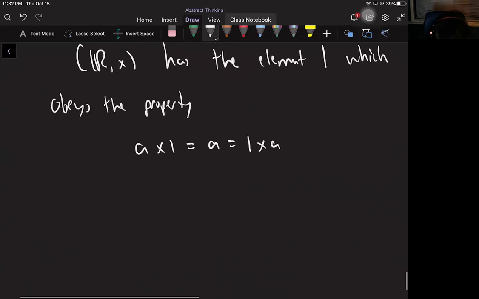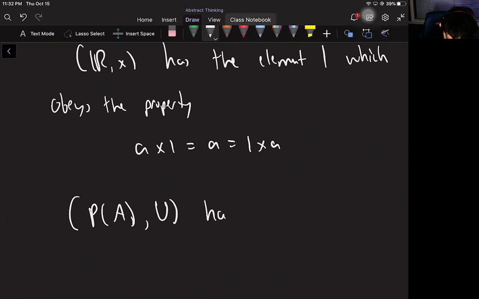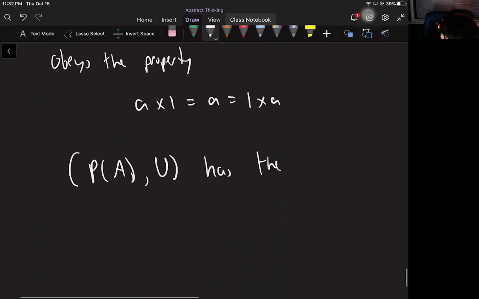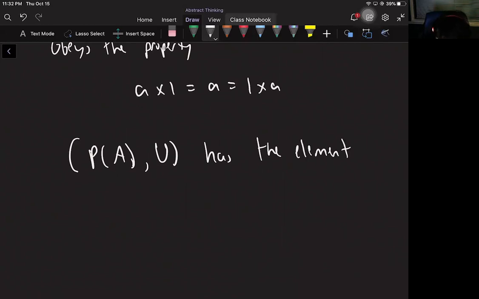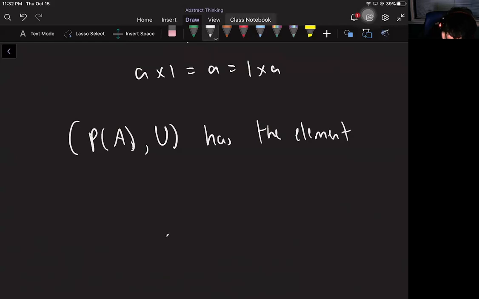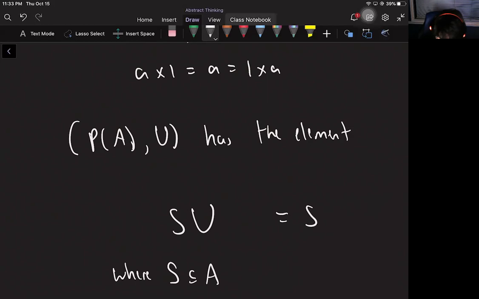And then one more example, not related to numbers, that we looked at earlier. So if I take the power set of a set and I use union, well, what element of the power set, so it's got to be a subset, has the property that if I union it with a subset of A, it gets me S, it stays the same.